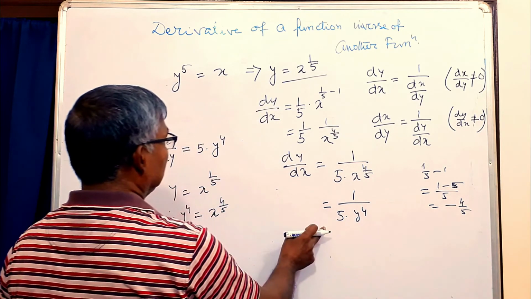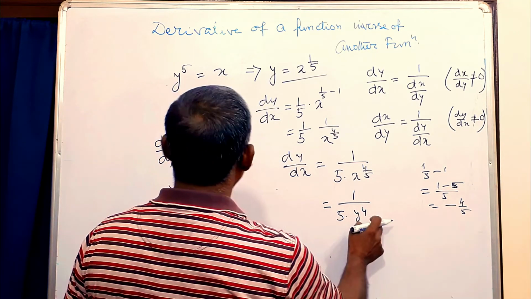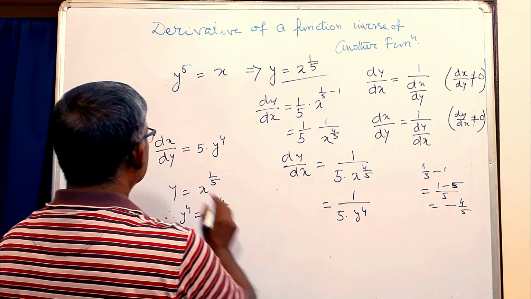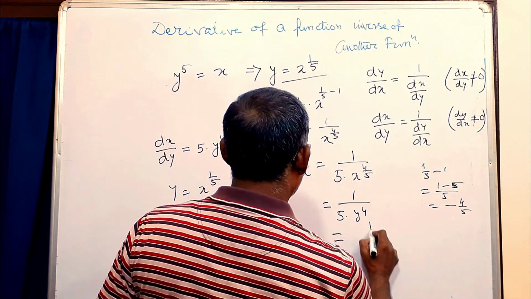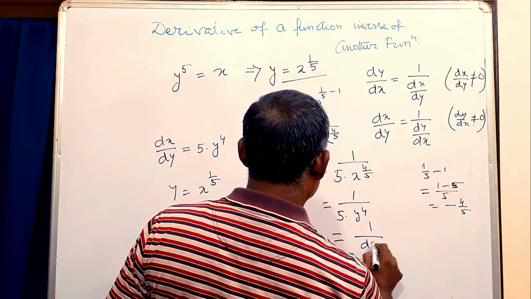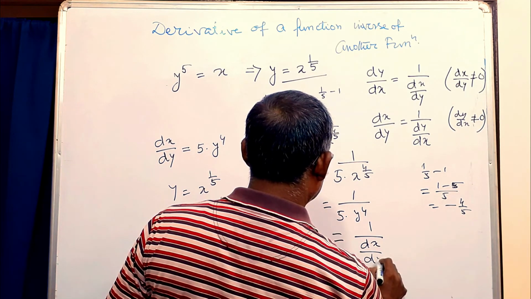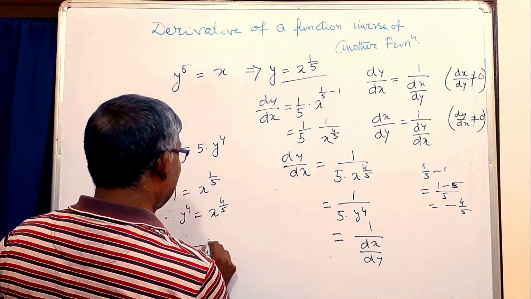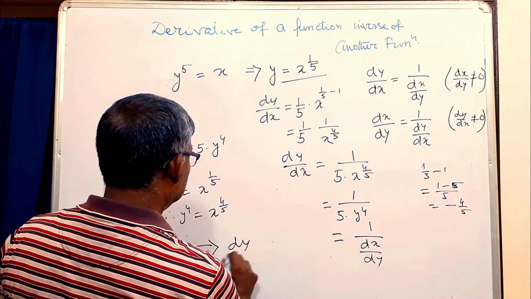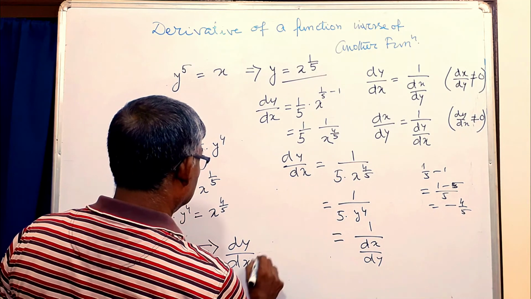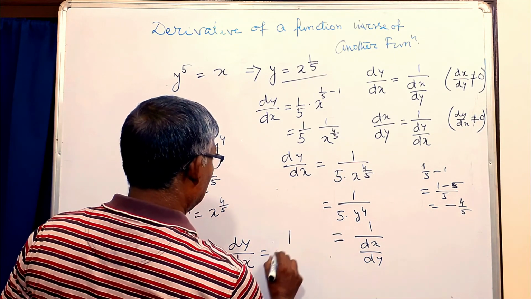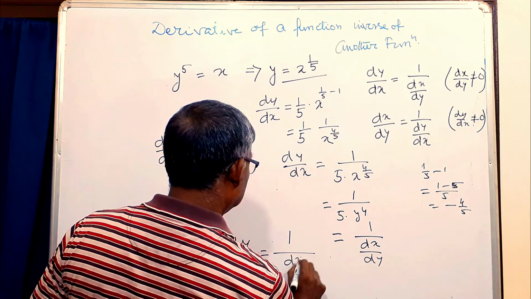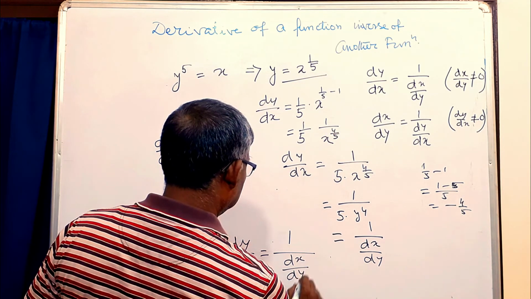Here you see 5 into y to the power 4 means 1 by dx/dy. So this implies that dy/dx equals 1 by dx/dy.